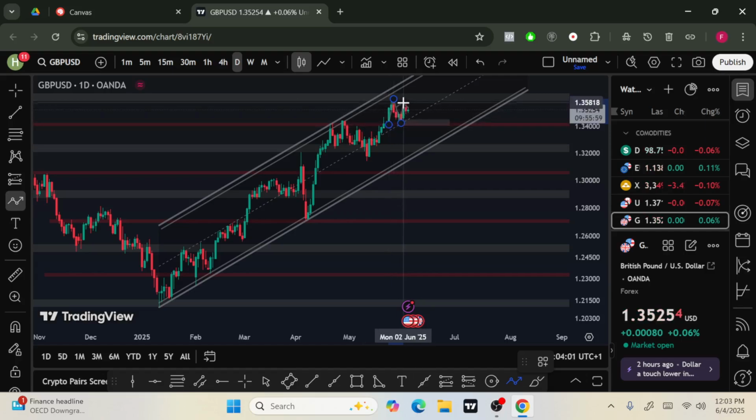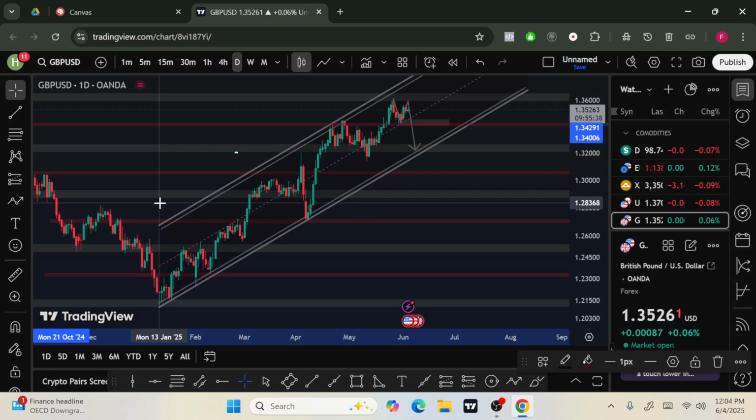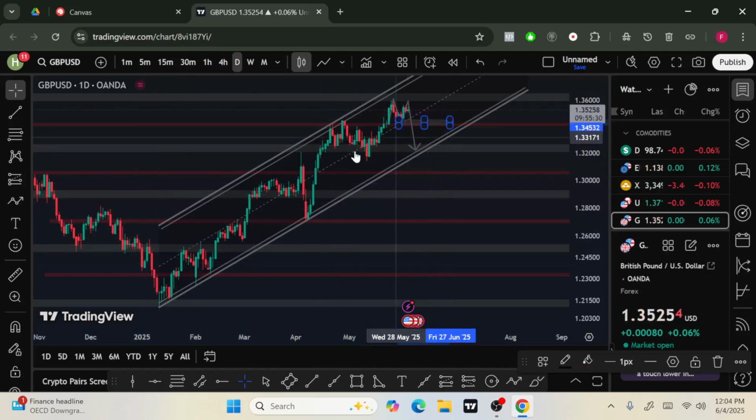Then I'm expecting it to get to this place, break it and form a new higher high. But in a situation where it's not breaking it, it gives you an equal high, and once it gives you an equal high, it's already giving you the shape of an M. And where will be the neckline of this M? This place. And if it breaks it, it's coming down to this point. A potential M pattern. Do you understand?